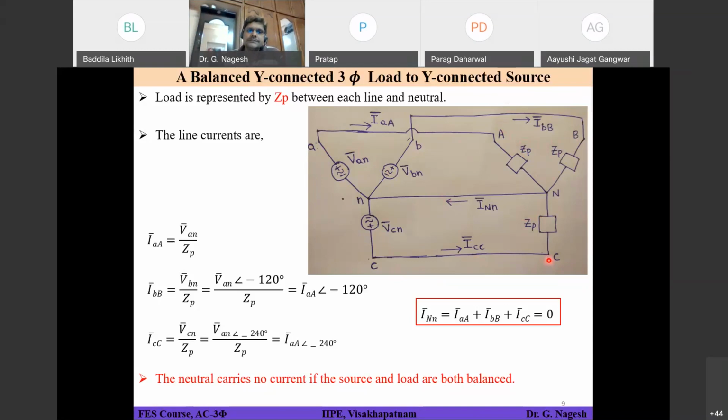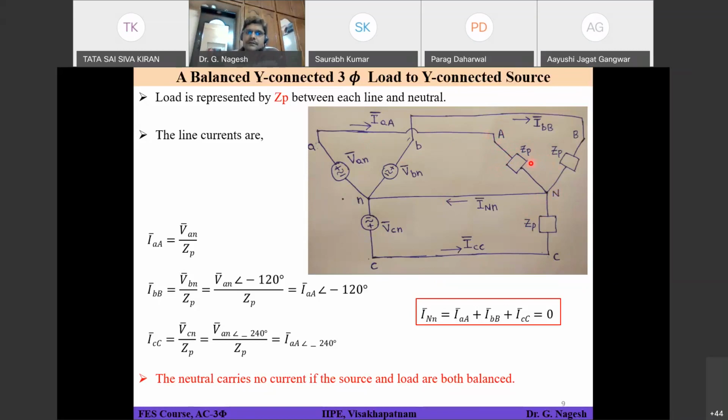So what will be the current in this phase? Can anyone say in terms of voltage and impedance, what could be the current flowing in this particular phase from A to N in the load? VAN by ZP. Yes, sir, VAN by ZP.